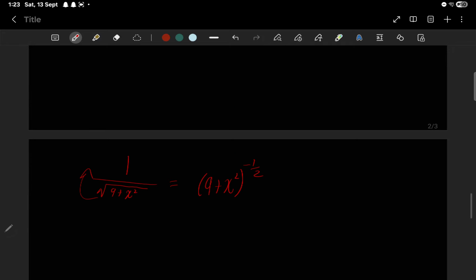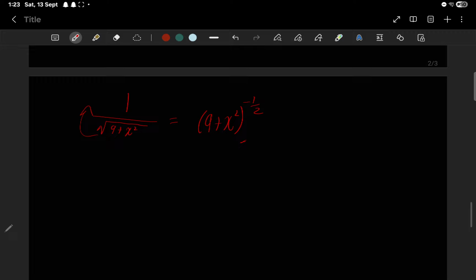Now this is going to be another expansion. However, this is where I told you about the other condition. Keep in mind, 9 has to be factored out because a has to equal 1. So under the whole thing, it's going to be 9 into 1 plus x squared over 9, all to the power of negative 1 over 2.